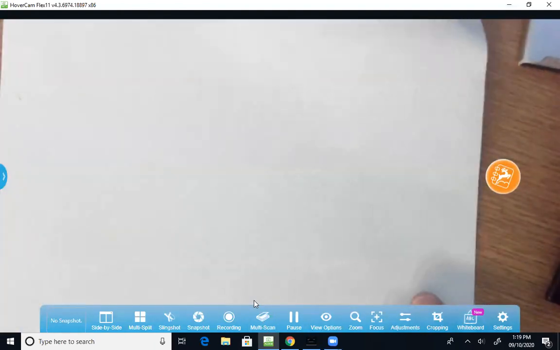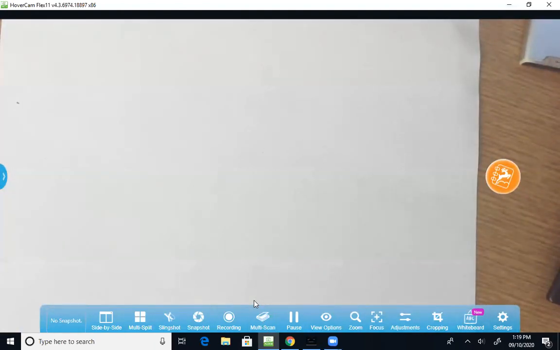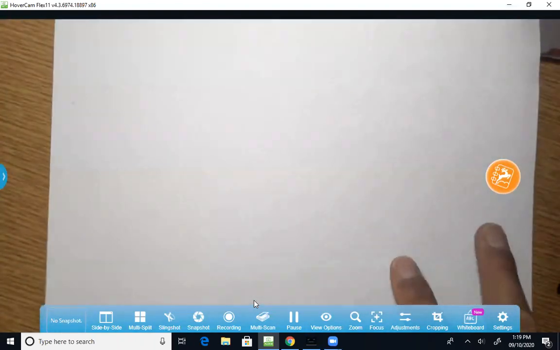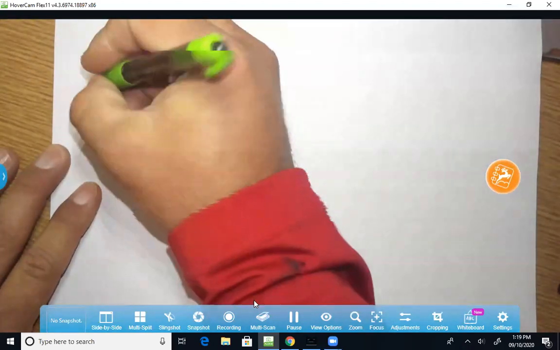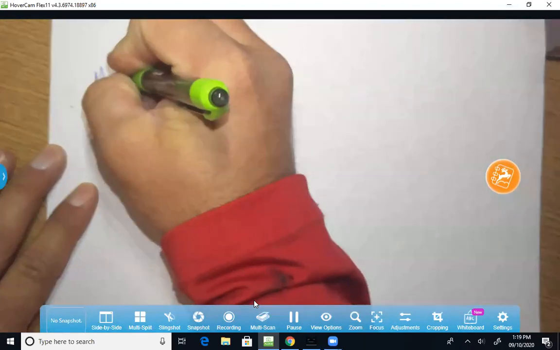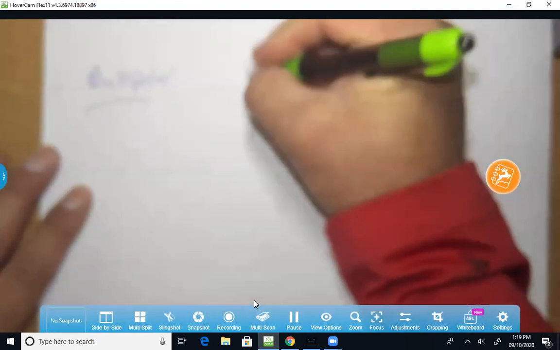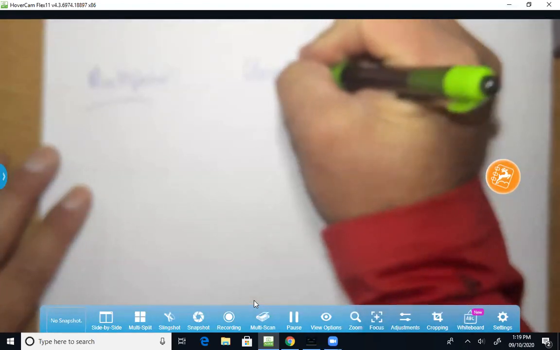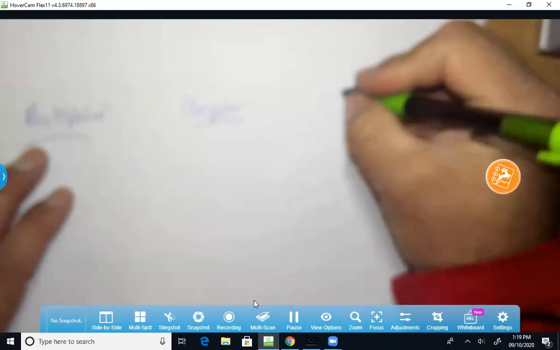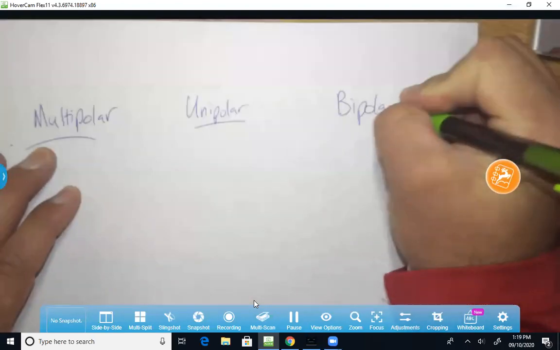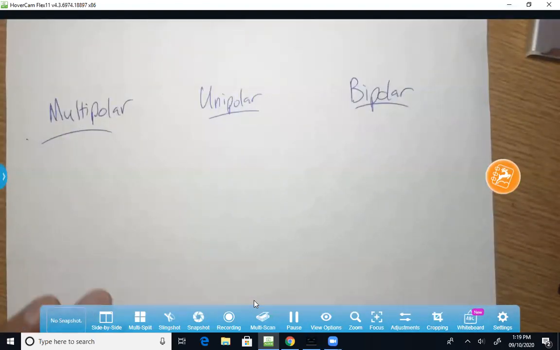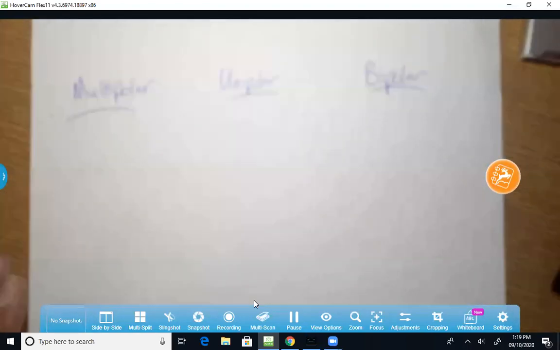All right, let's draw them out, and I'm going to draw them really simply, kind of like a stick figure style neuron. We've got a multipolar, unipolar, and a bipolar. A multipolar neuron is what was shown on that slide.